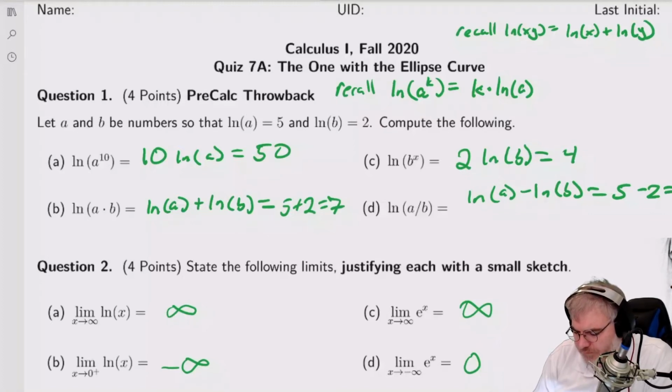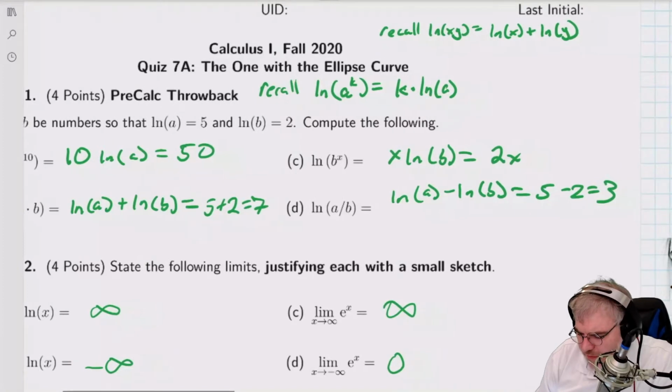And then here's another, b to the x. Oops, I didn't read this problem right. I thought that was a 2. That would be x ln b, which would be 2x. And then this one right here would be ln of a minus the ln of b, because it's one over the other, and that gives you 3.